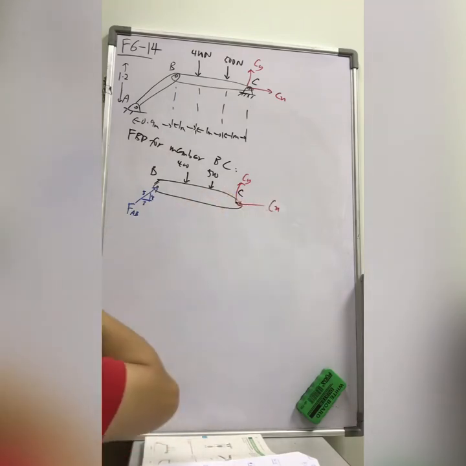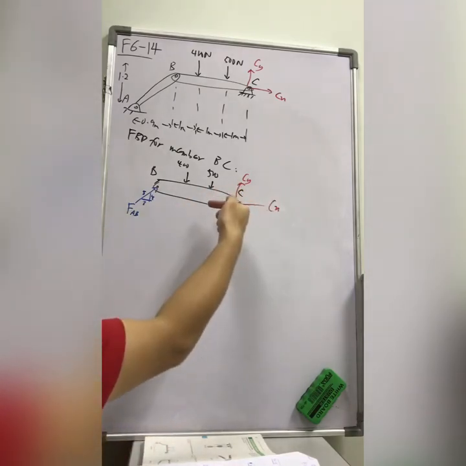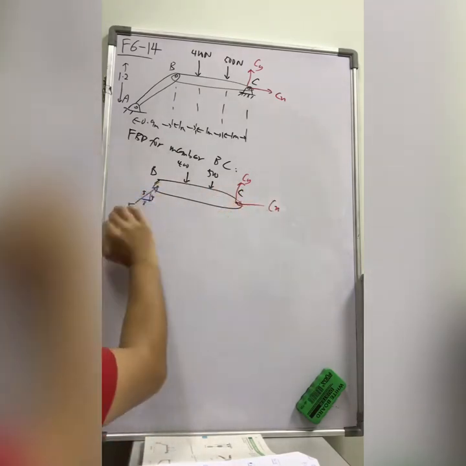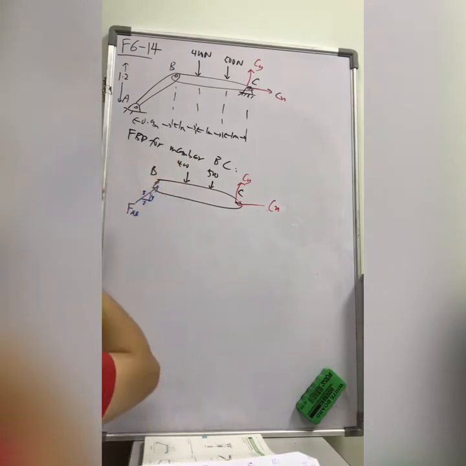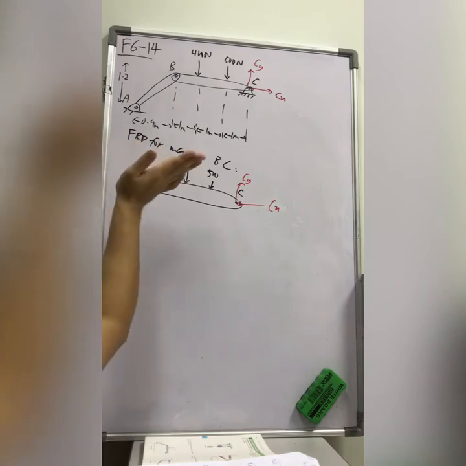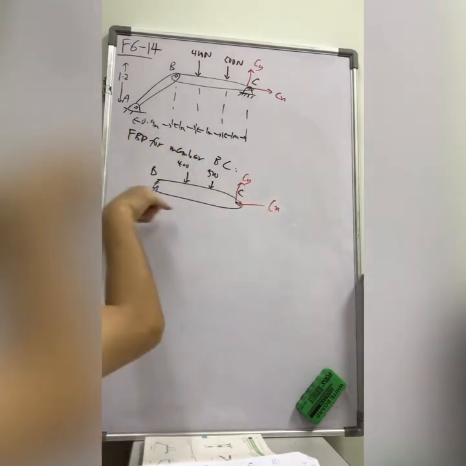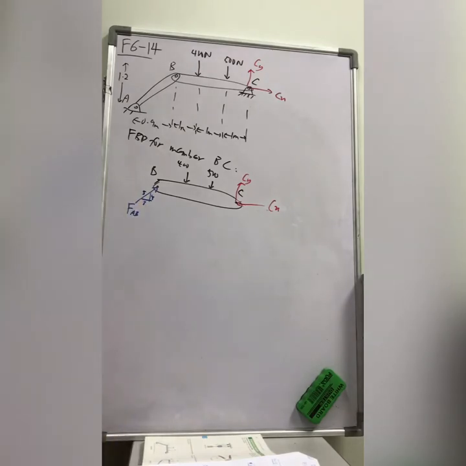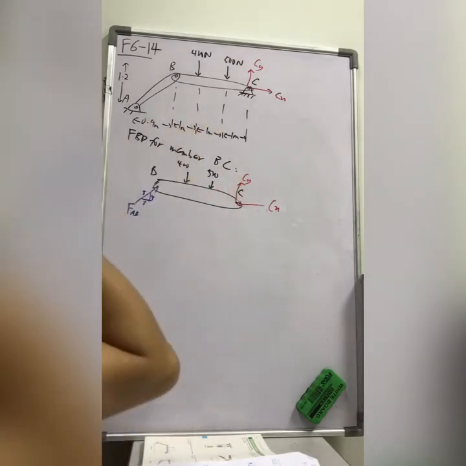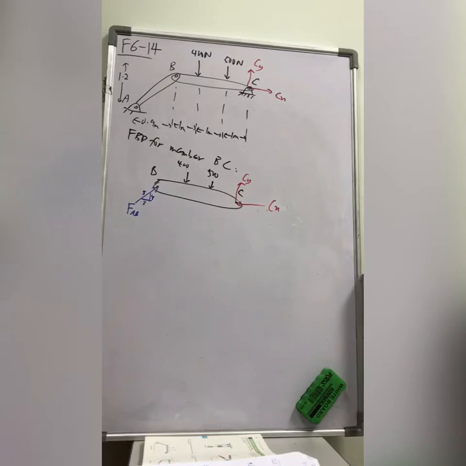How do I know Cx goes this way? It is because I drew FAB going to the top right. So Cx must oppose the x component of FAB. Cy, you have to assume.